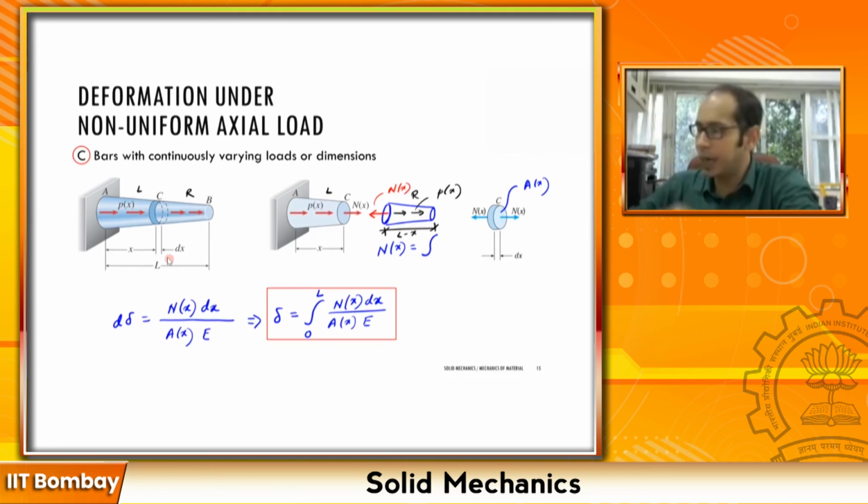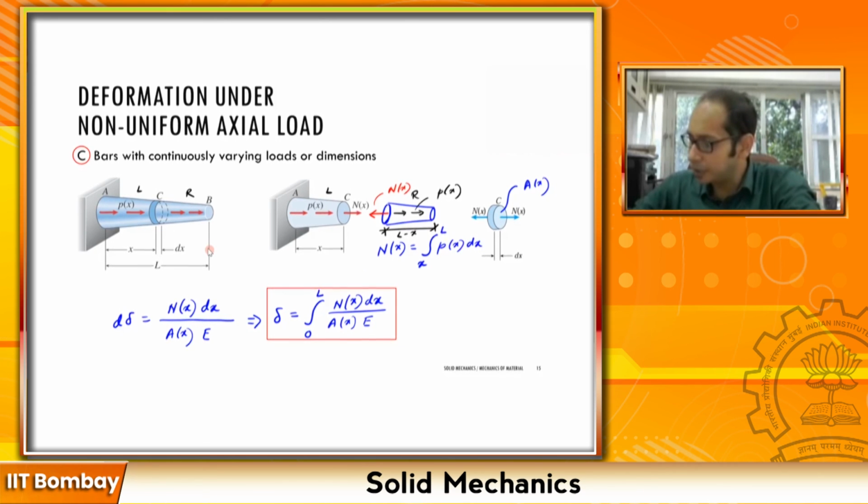So if I have to write it in terms of the formulation that I have over here, this integral is going to go from x to this particular length L, right? So N(x) equals the integral from x to L of p(x) dx.